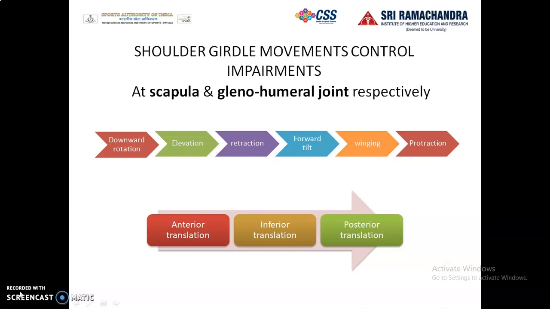Speed's test, static and dynamic, and Yergason's test. For a SLAP lesion, special tests are the speed test, grind test, clank and crank, anterior slide, active compression, and biceps load test. If it is AC joint pathology, then the spring shear, horizontal abduction, and O'Brien.